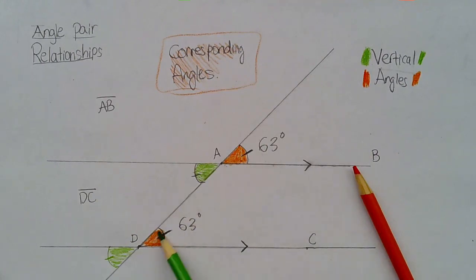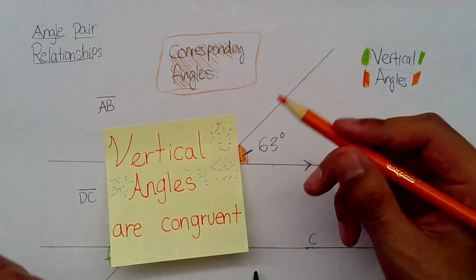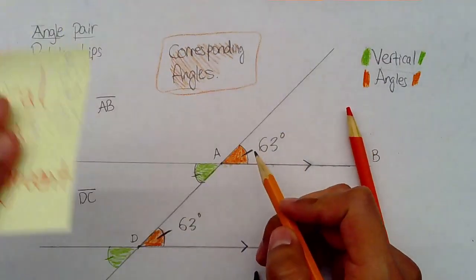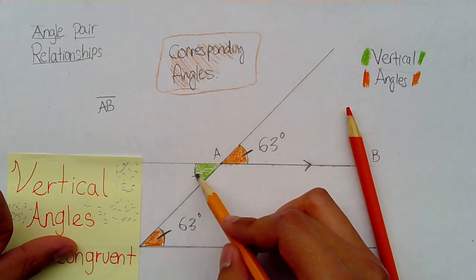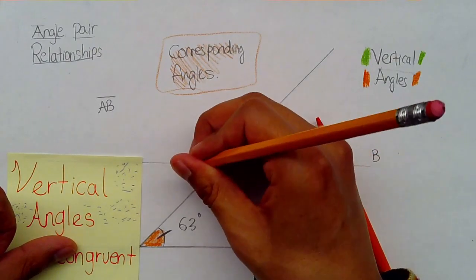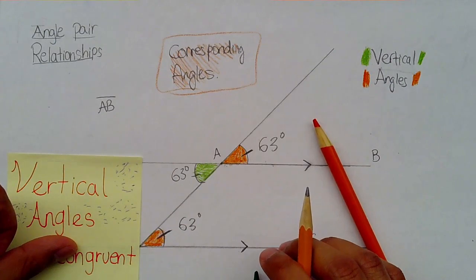Two orange angles are corresponding, a green and an orange are vertical. Vertical angles are congruent. So if I know that this angle over here is 63 degrees, then I already know that this orange one across from it is going to be 63 degrees also.